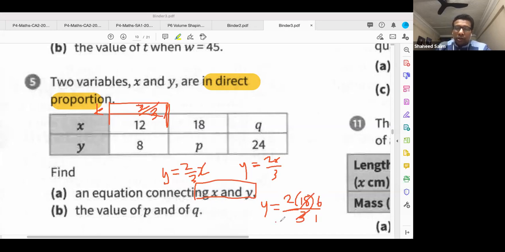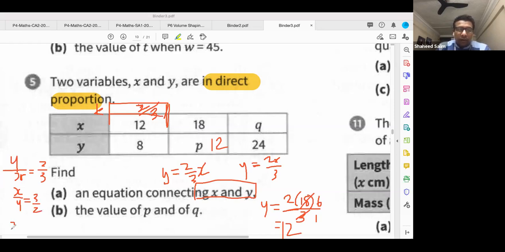Well done, Inshira. Inshira got the answer 12 here. Okay, this is 12. What about the next one? You can also write down here Y over X equals 2/3. Up to you, do your method. You want to find X. So X over Y equals 3 over 2.